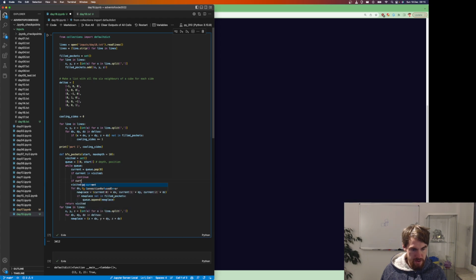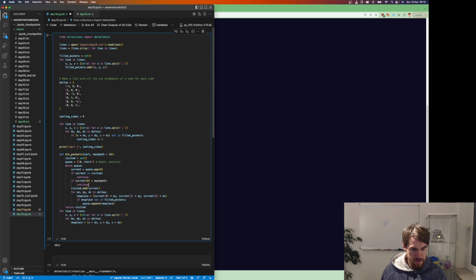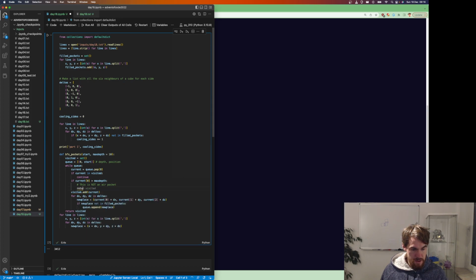We can say if current depth is larger than max depth, this is not an air pocket. Return false and the visited places.